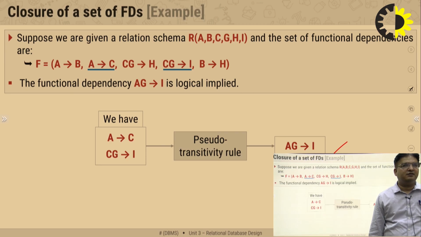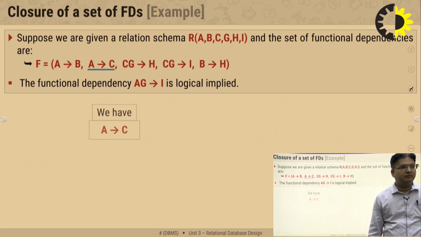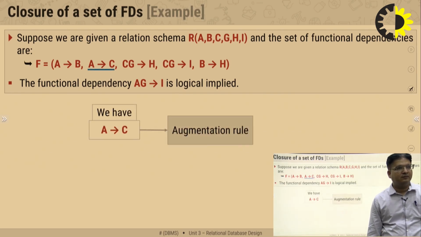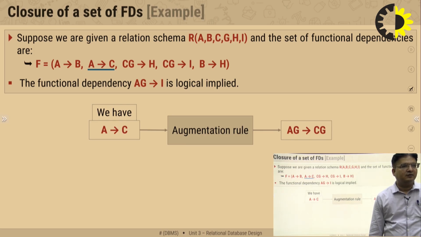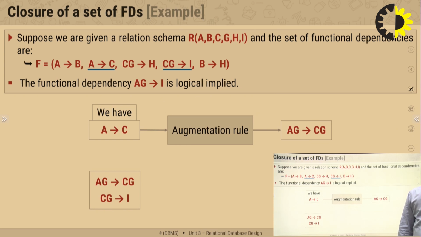So there is a little bit of logical thinking that we have to use to derive the new FDs. Now, A determines C, then using the augmentation rule we can say that AG determines CG, and CG determines I, then we can say that AG determines I.